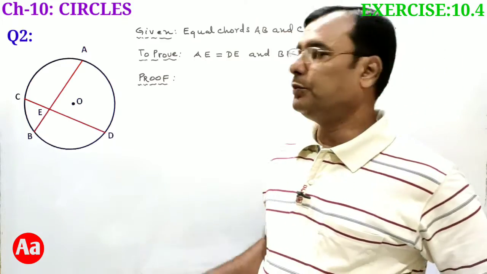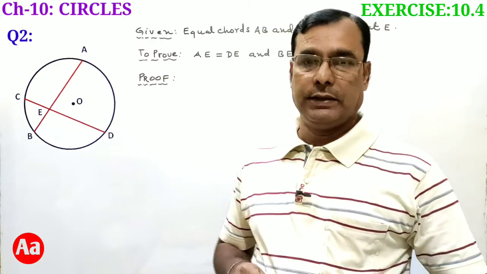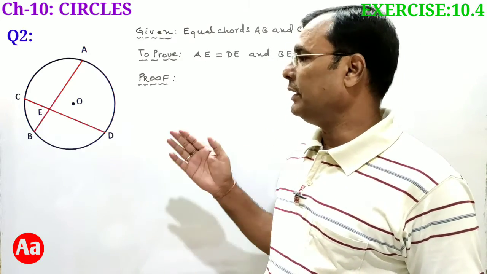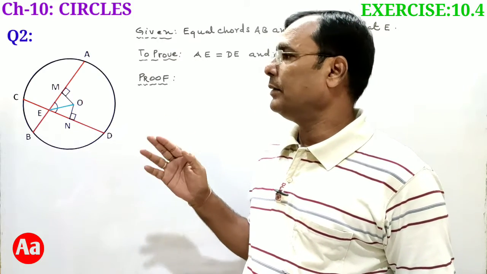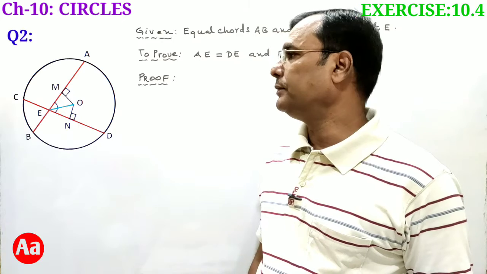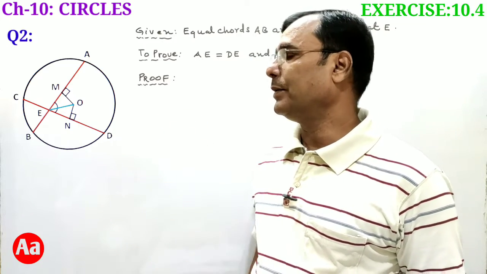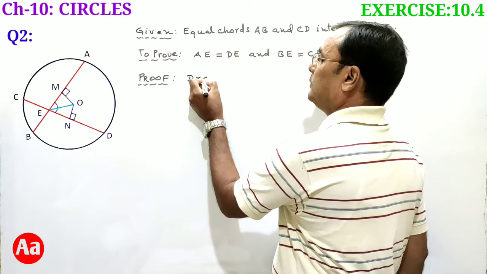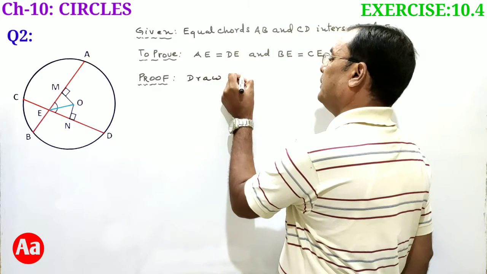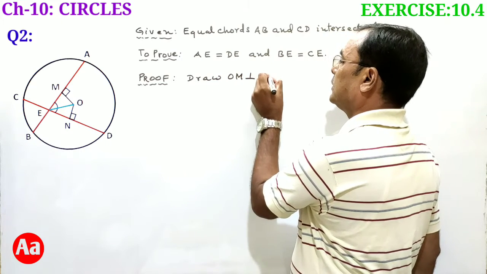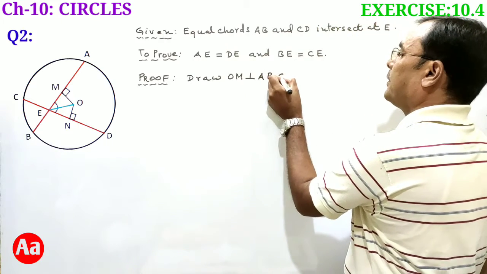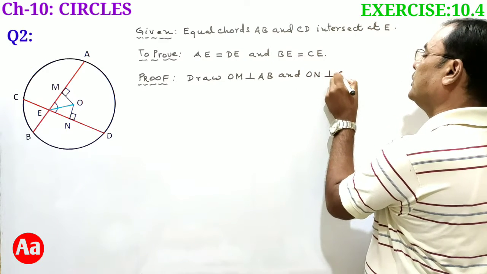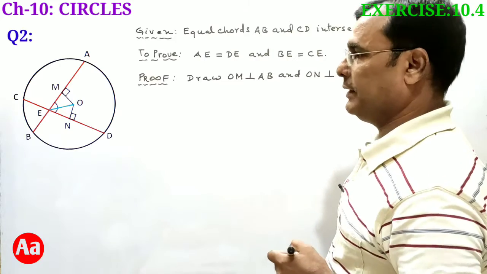Proof. To prove this, AE equal to DE and BE equal to CE, let's draw OM perpendicular to AB and ON perpendicular to chord CD.